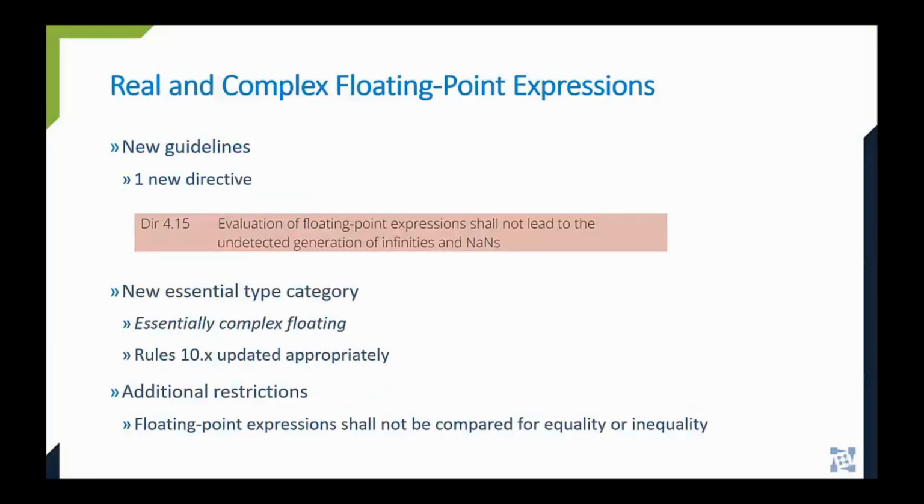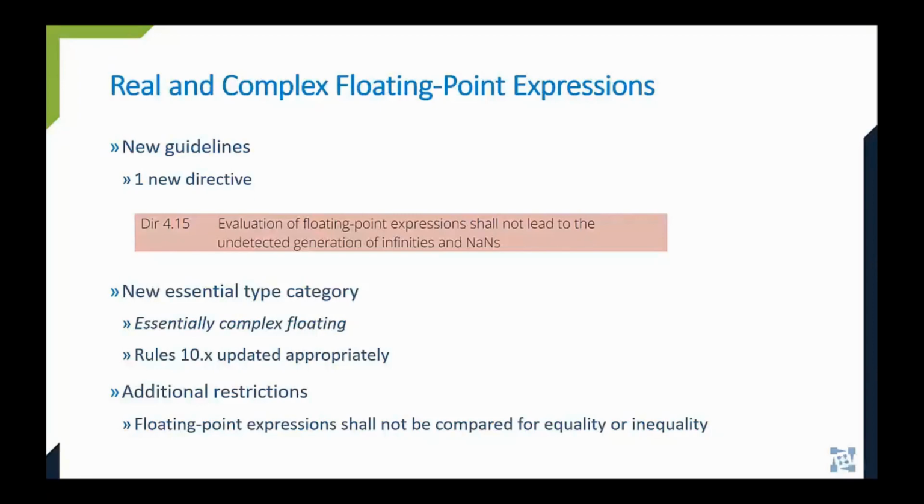Amendment 3 also introduces some additional restrictions and recommendations on the use of real and complex floating point expressions. There is one new directive which requires developers to mitigate the possible generation of infinities and not a number values when performing calculations using floating point numbers.